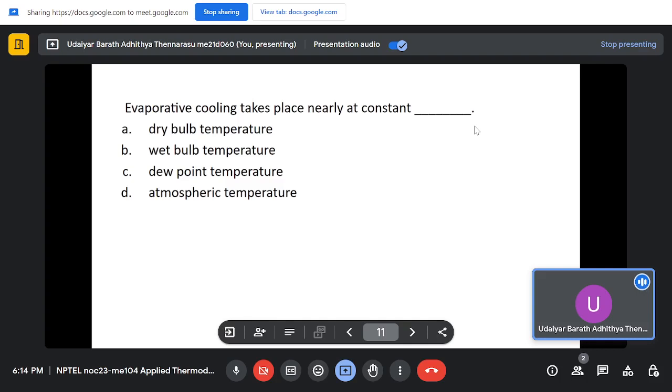The next question is, evaporative cooling takes place nearly at constant dash. So evaporative cooling takes place nearly at constant wet bulb temperature. So this is evaporative cooling.